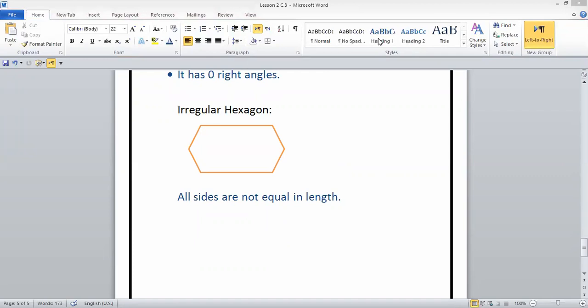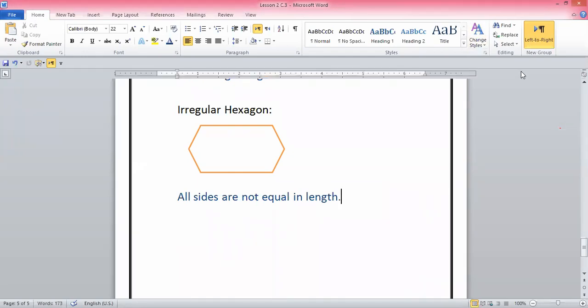Okay, Abdullah. Yes, sir. When drawing the irregular hexagon, do I need to use a scale? Yes, use a scale for diagrams. But if I don't have one, am I able to do it without?